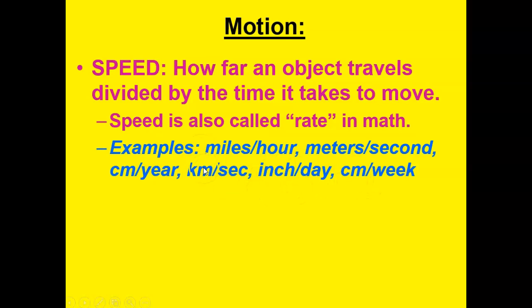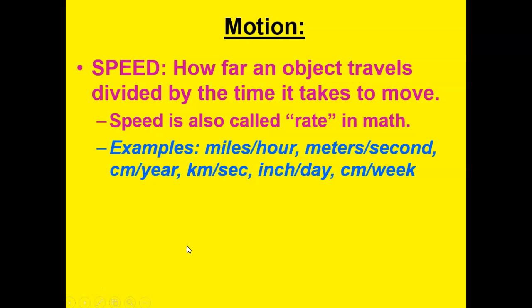Those are all different ways to tell a distance. And if we have to divide it by time, time could be in hours, seconds, years, days, weeks, whatever. So it's some kind of distance divided by some kind of time. And there's lots of examples depending on what you're measuring in.